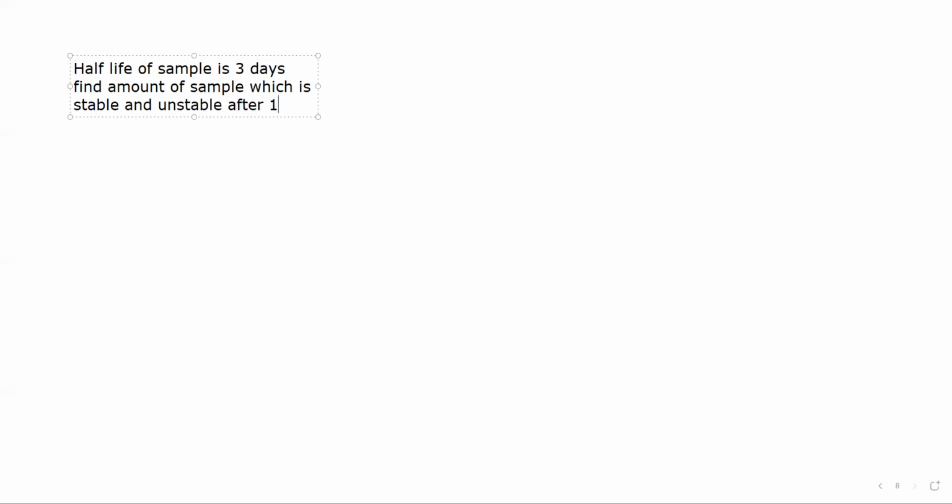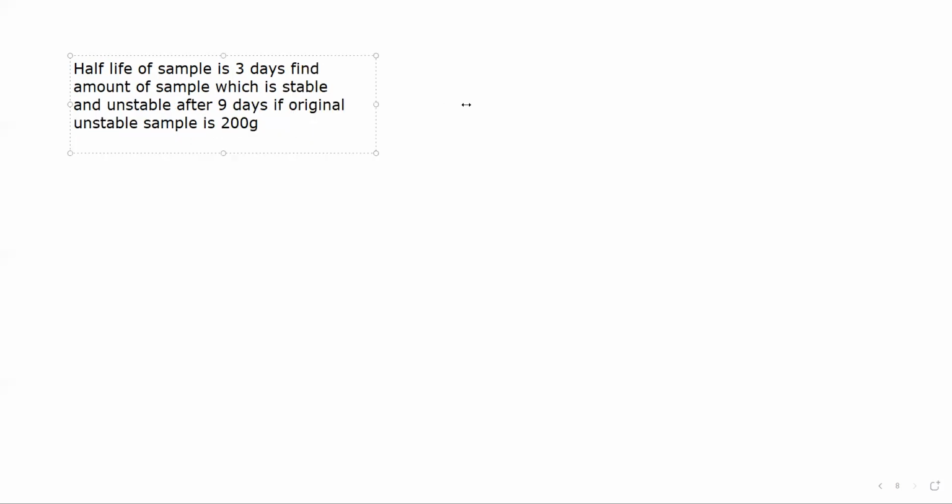So example, if the half-life of the sample is 3 days, find the amount of sample which is stable and unstable after 12 days or after 9 days, if the original unstable sample is 200 gram.